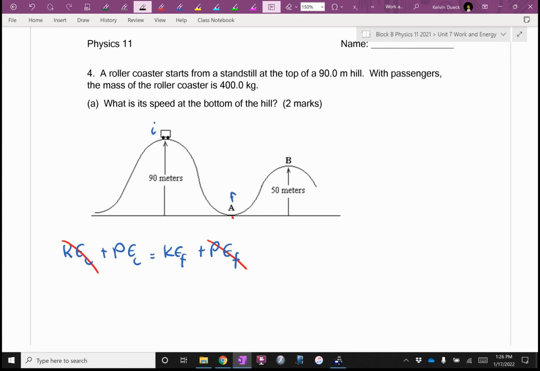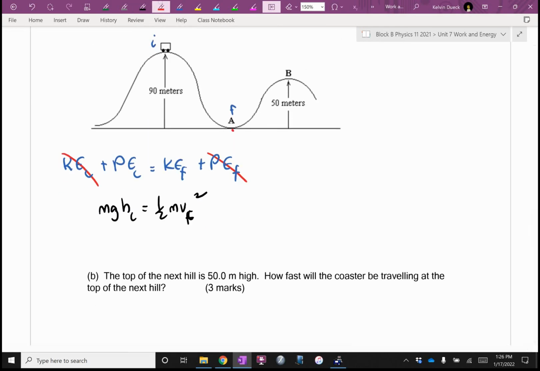So I'm going to get this. mgh initial equals a half little m v final squared. Do the m's cancel? Yeah, they do in this case. And I want to get the v by itself.